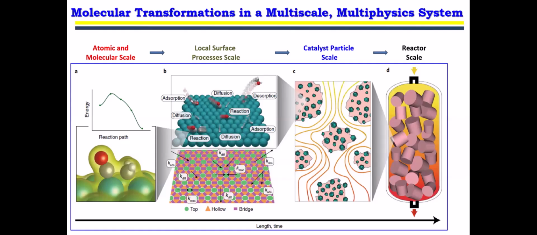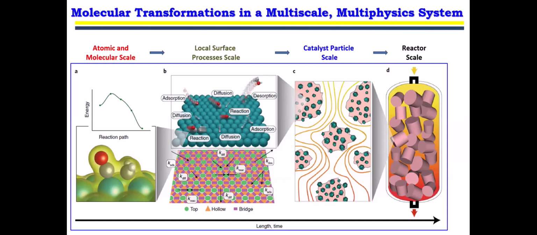Say, adsorption of the reactants, and undergoing different types of elementary steps described by different rate constants. Then we want to take that chemistry and put it in a practical catalyst particle, shown here, and that particle may consist of metals deposited on a solid, and then eventually they will go into some type of reactor, and that reactor could be very large.